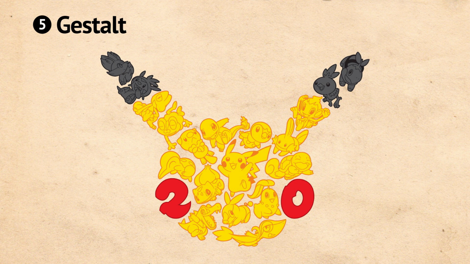In this example, when you first glance upon this image, you are not looking at the individual Pokemon. You are actually looking at it as a whole and identifying it as, oh, this is a shape of Pikachu. And then on the second glance, you will start to see, oh, actually it's made up of all the various starter Pokemons.